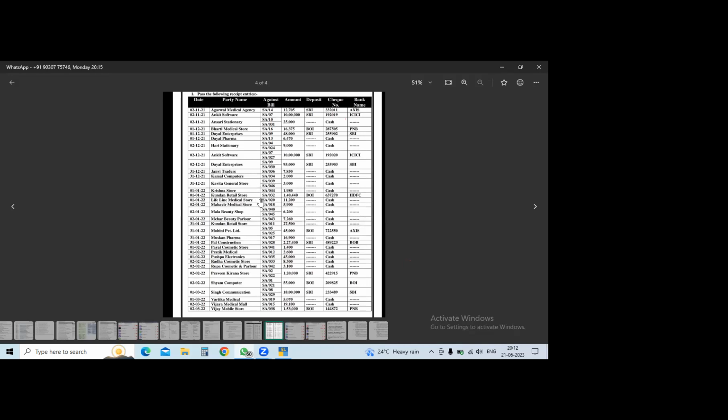That means you are depositing. SBI Bank account is the depositing bank, given by Axis. SBI Bank account debit to Axis Bank. Same way, SBI Bank account debit to ICICI Bank, BOI Bank account debit to PNB, SBI Bank account debit to SBI. Understood, no? Yes, ma'am. In that case, you can do the entries now.